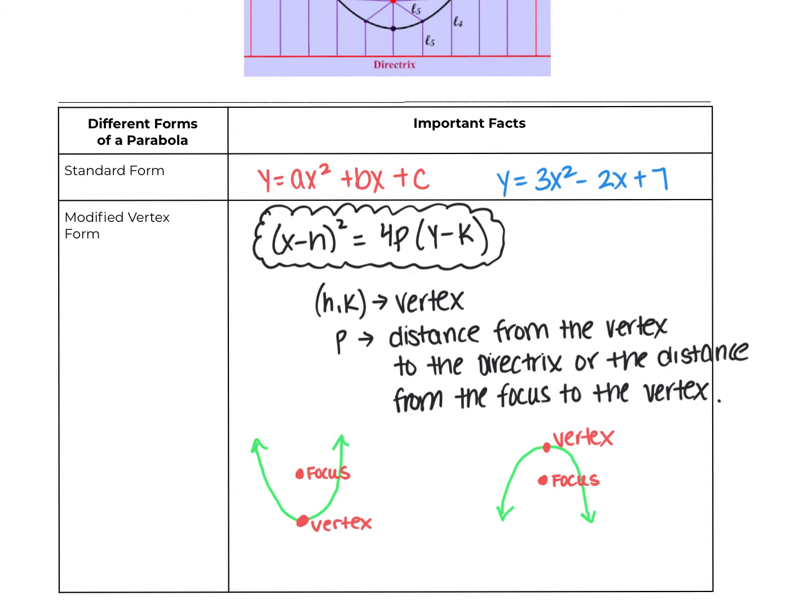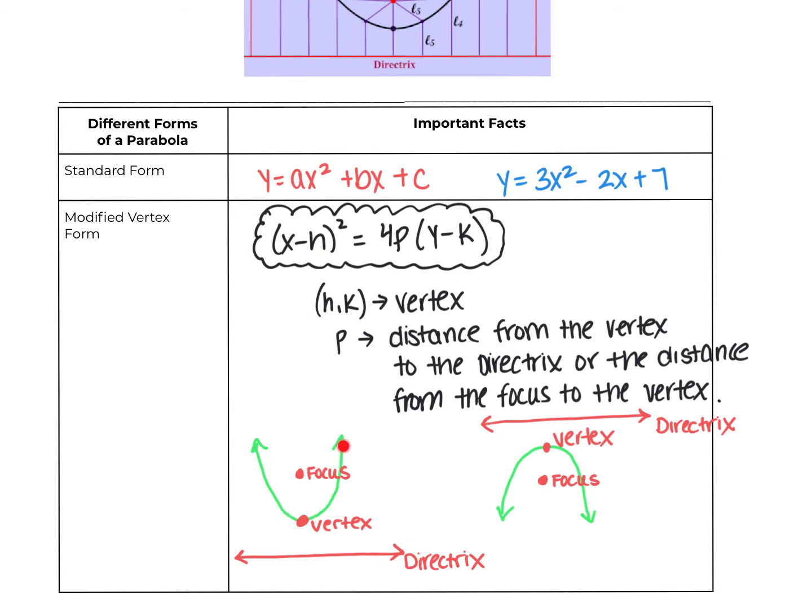And then last but not least, the location of the directrix is underneath the vertex, or in this case, above the vertex. So these are the two pictures that you need to have memorized.